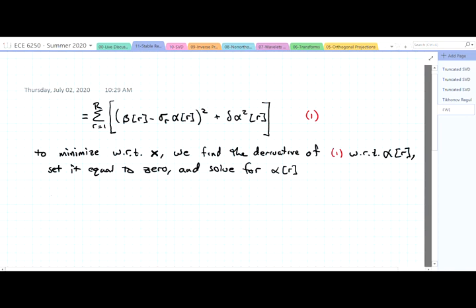So the derivative with respect to alpha sub r of 1 is just equal to... I'm going to change things around just a little bit here for reasons it'll be apparent later on.